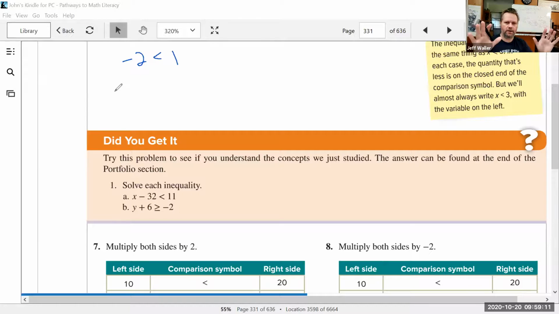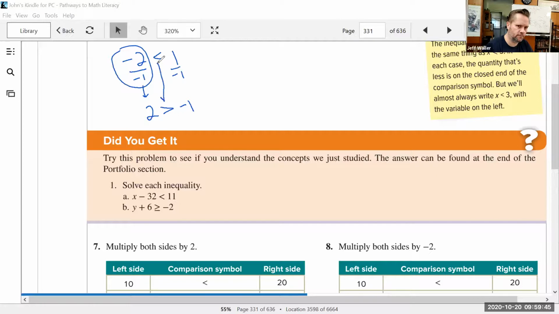Now, if I divide both sides by -1, what does this become? -2 divided by -1 is +2. 1 divided by -1 is -1. Which one's bigger now? 2. What did the sign do? Yeah, it flipped.